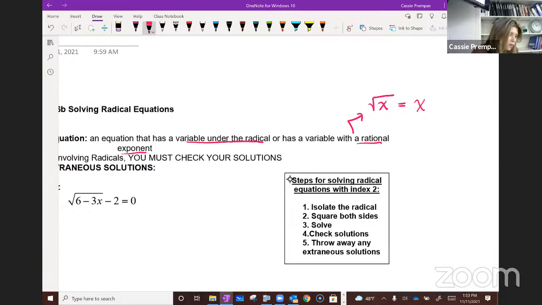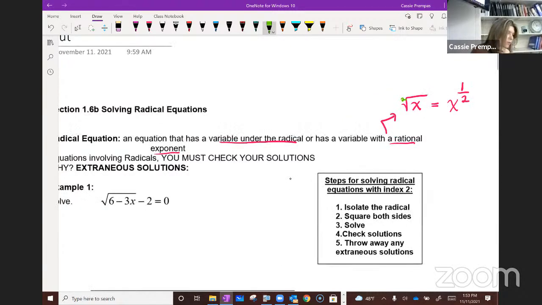You all know it. X to the 1/2, I think I heard. Because really, if there's nothing in the radical, 2 is understood to be there. So this would be x to the 1/2. So today we're going to be looking at radicals and fractional exponents because they're actually the same thing.